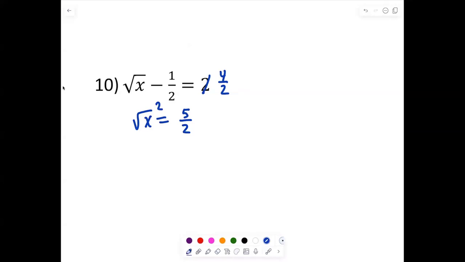Square. Now, a fraction, you square the numerator and the denominator. So x is equal to what? 25/4. 25/4. Anybody have any questions with that?